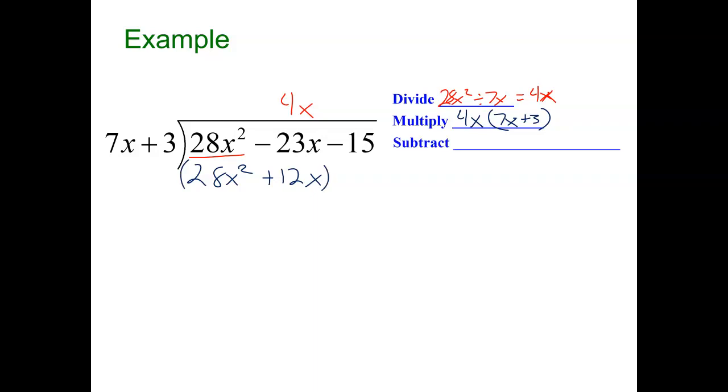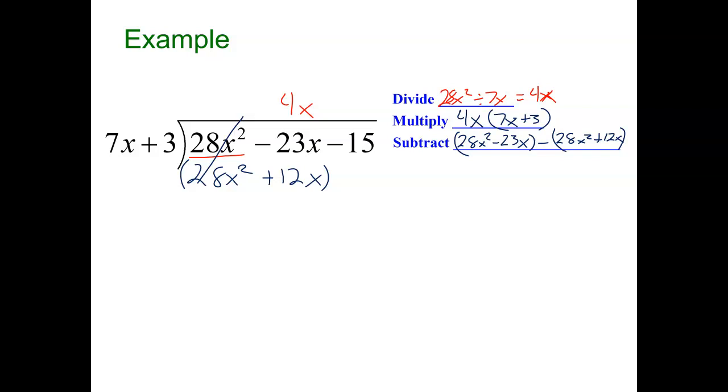So I'm going to take 28x squared minus 23x and I'm going to subtract 28x squared plus 12x. Well, if I do 28 minus 28, what do I get? 0. That cancels out. That's our goal there. Negative 23 minus 12. That will be the most common mistake. Negative 35.